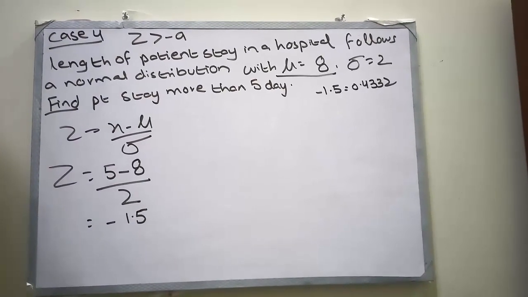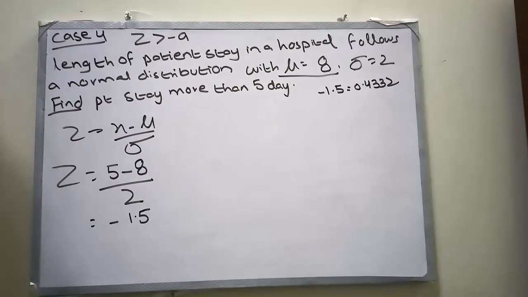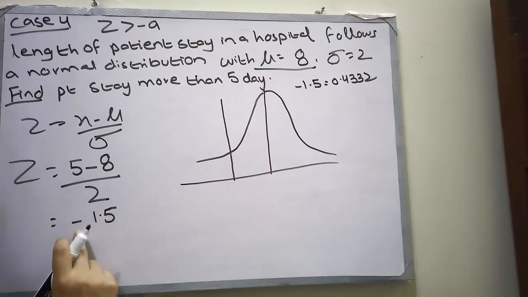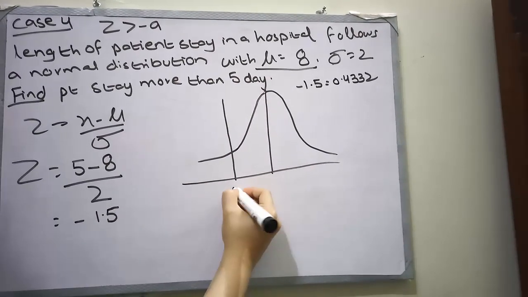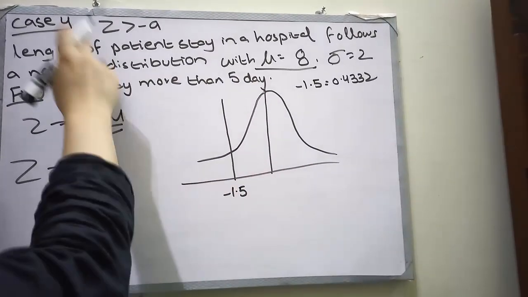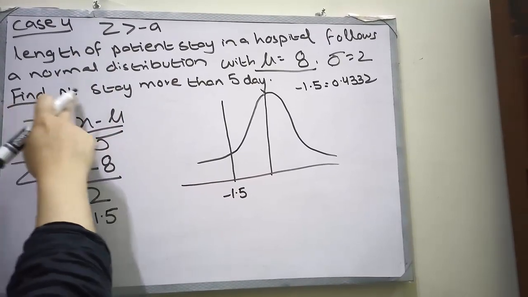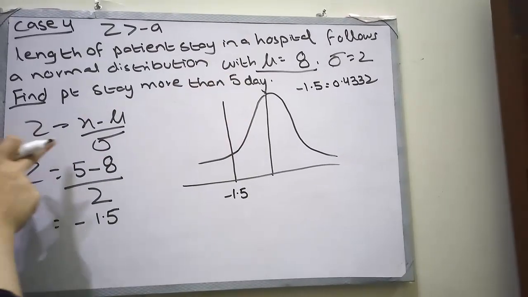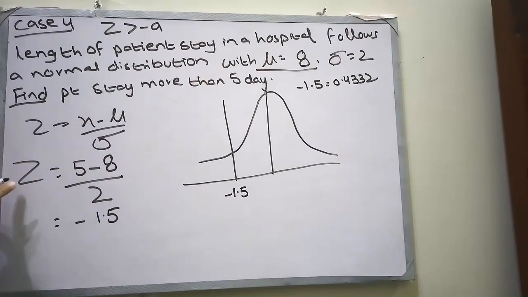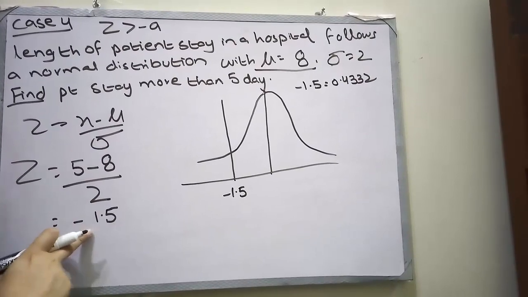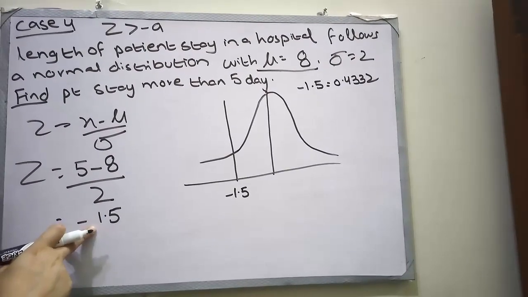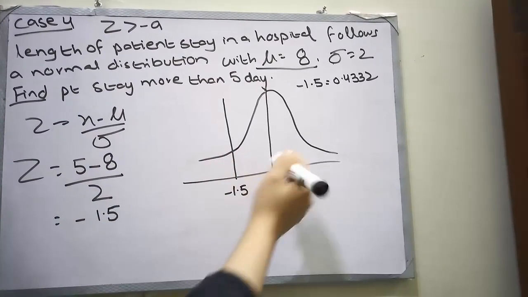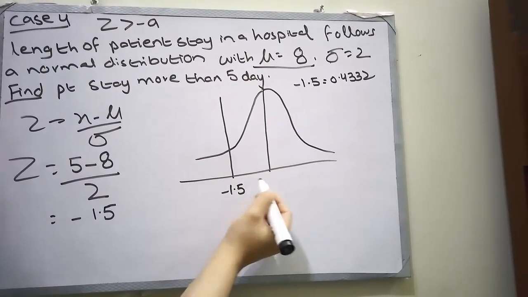Now according to the bell curve, if we draw a probability bell curve, minus 1.5, as the sign indicates, would lie on the left side. According to the question, we have to find patient stay more than 5 days. So we have to find the probability which would be greater than minus 1.5.